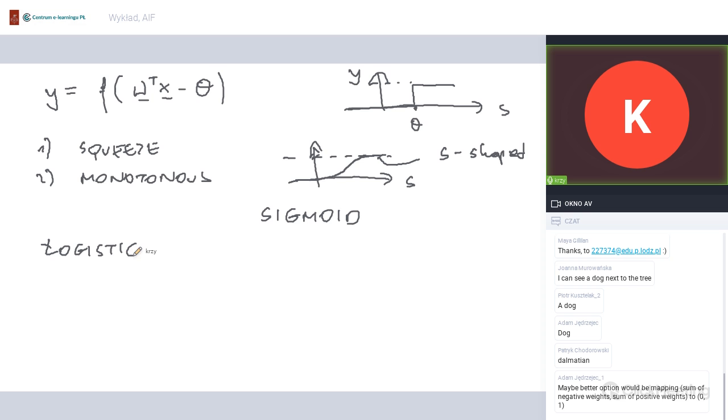The logistic function transforms my state according to this expression, which is its simplest form. We still have theta here, so I can say this is S minus theta.